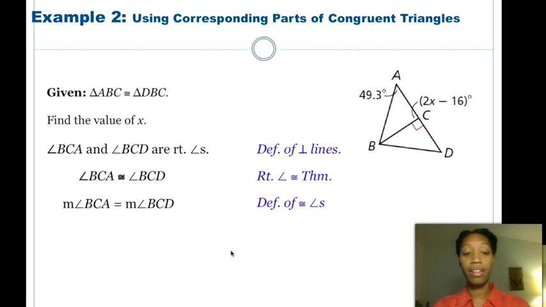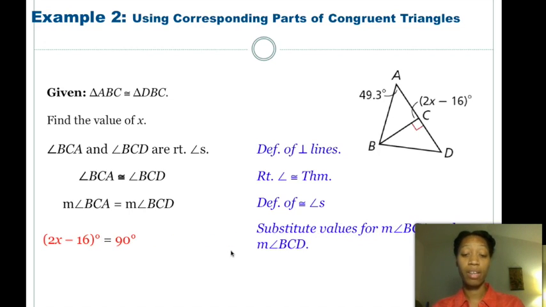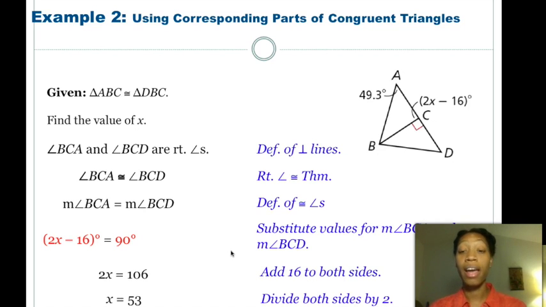So I can substitute those into this equation. Substitute values for the measure of angle BCA and the measure of angle BCD, and now I have this nice little equation which I can easily solve to find x. So add 16 to the other side and divide by 2, and we get that x is 53.